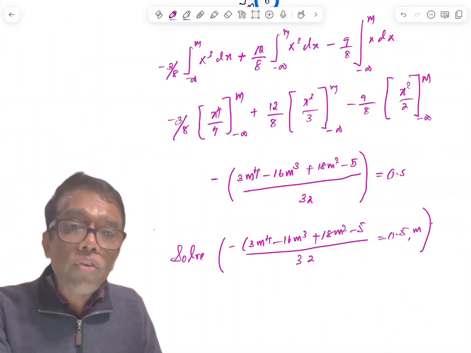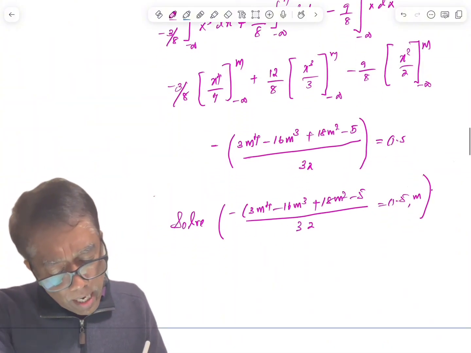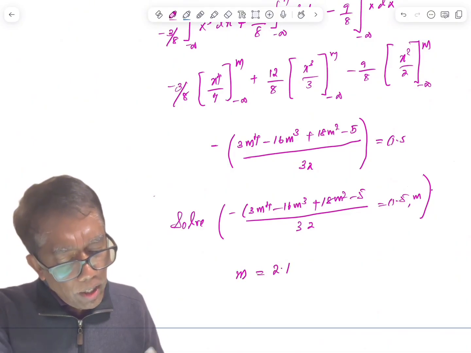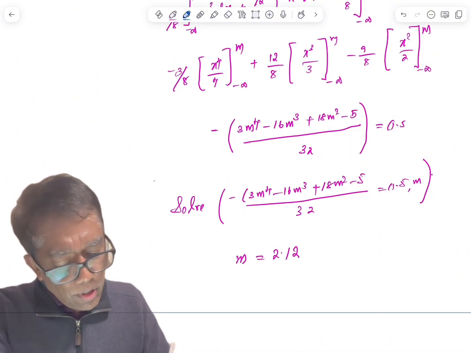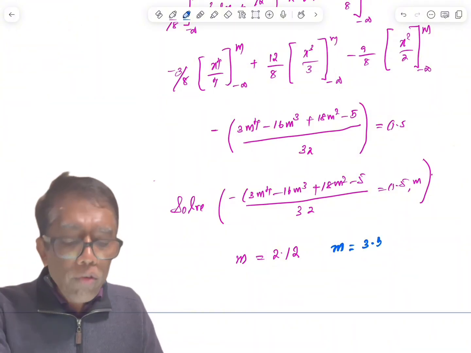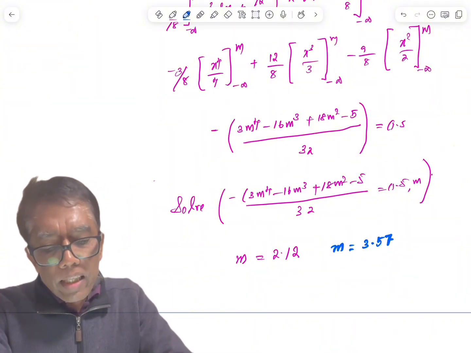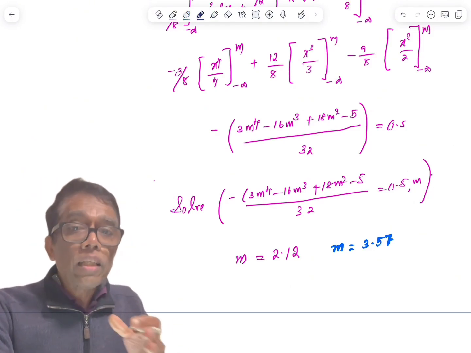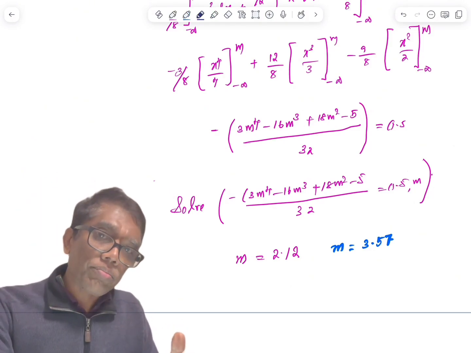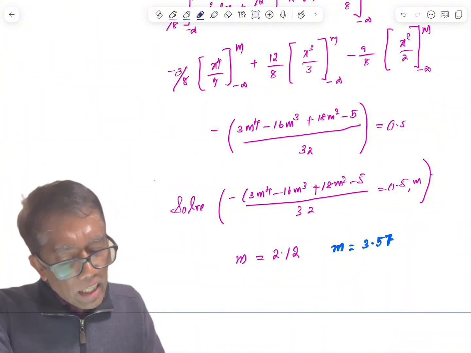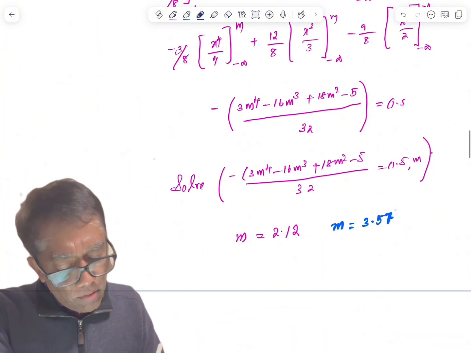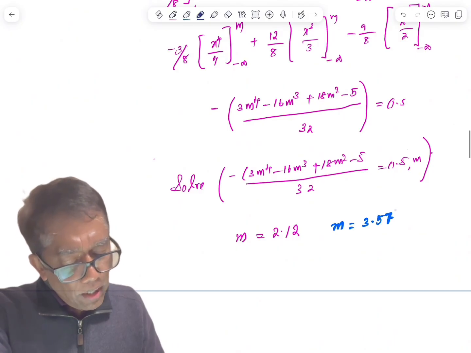If you solve for m, m has two answers: m is equal to 2.12 or m is equal to 3.57. Now if we consider the two answers, we know that this function is defined from 1 to 3. Therefore, we can't accept the second one. What is the median value? The median value is 2.12.